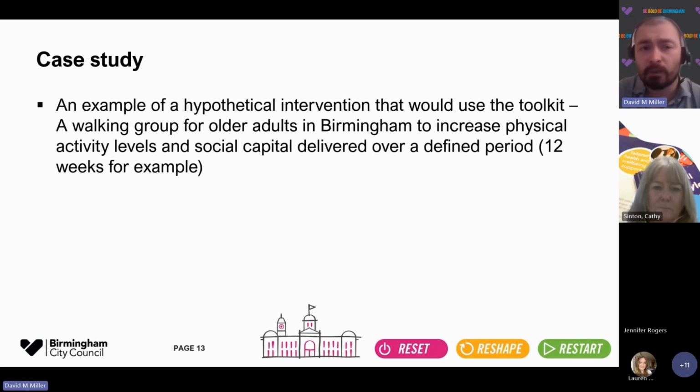So we could have a walking group for older adults that's set up in Birmingham to increase physical activity levels and social capital, meaning reducing loneliness essentially and making sure people have more connections, delivered over a defined period, 12 weeks, for example. In an intervention like this, we'd expect quite a few people to be eligible for NHS health checks, and therefore it would be appropriate to use the toolkit.